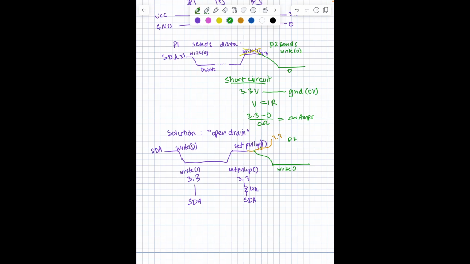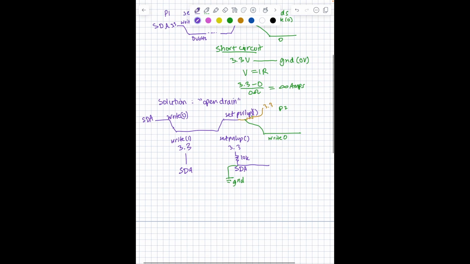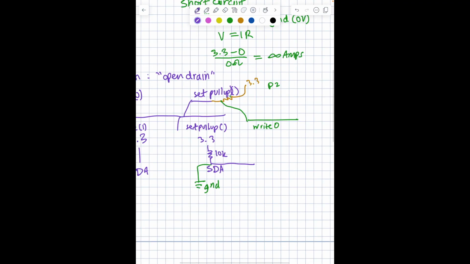This is connected now to ground. And SDA is being pulled from here. And so the analogy here with the pull-up is that the SDA line is directly connected to ground.